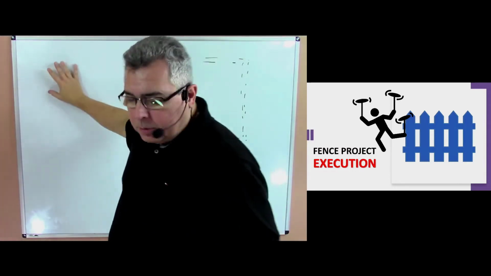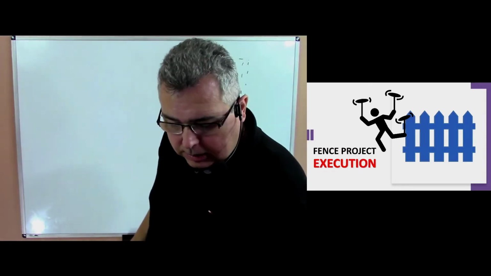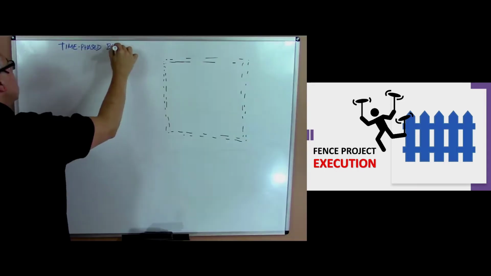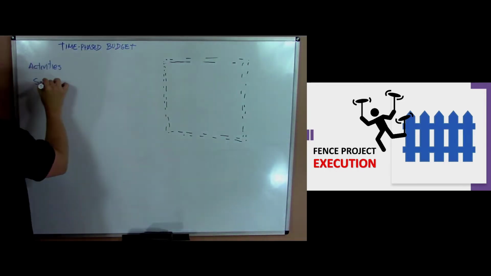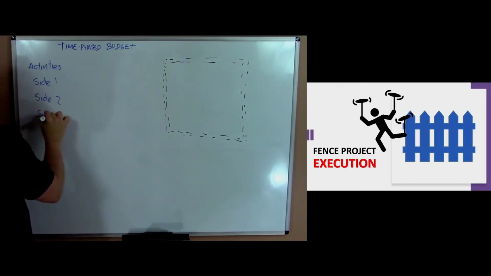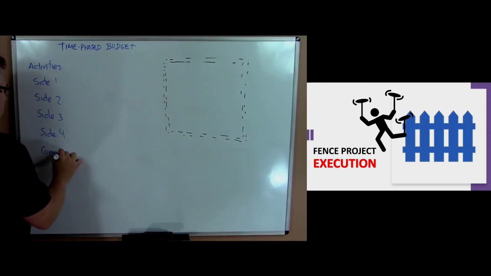Let's put here, because it's very important for us, the time phase budget. In that time phase budget, let's put all the activities: side 1, side 2, side 3, side 4, and the cumulative budget.